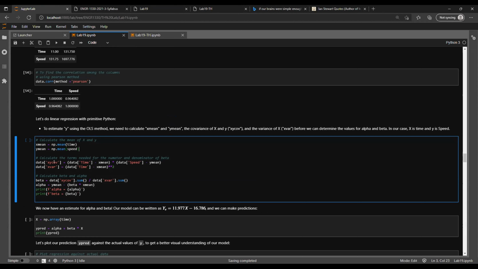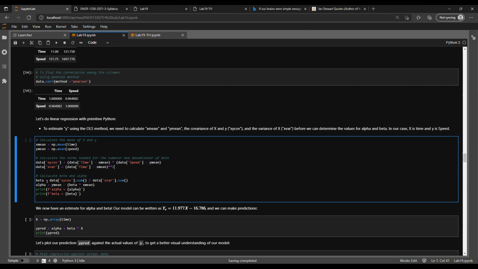So what was in the numerator? We had the actual for each time element, subtract the average, and multiply that by, for each speed element, subtract the average of the speed. And then we have the same thing here, but squared. Okay, so that's the other part we need.